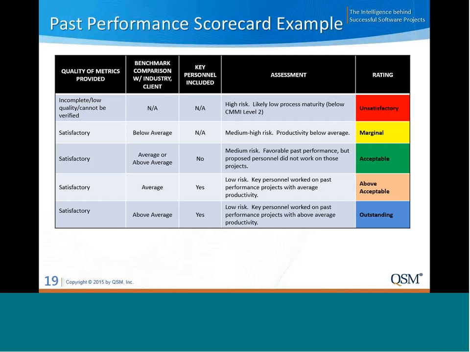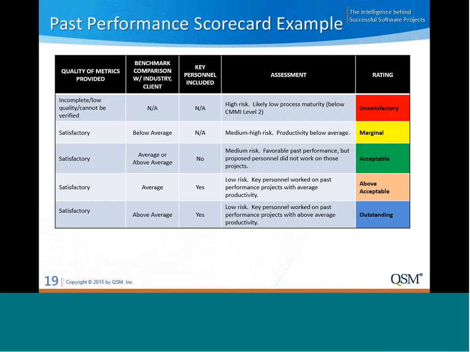We would assess it at a medium risk and maybe rate the vendor acceptable. The vendor may be a good company with lots of previous success, but it's important to note that they may be hiring staff for your project from off the street, and those personnel may take some time to get up to speed on company processes, so there's no guarantee the performance will be the same as their past performance.